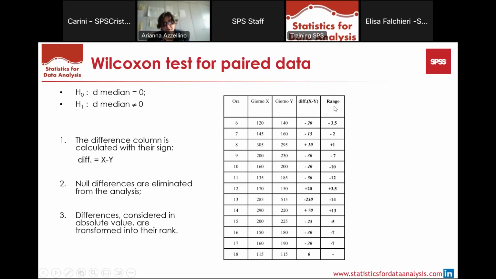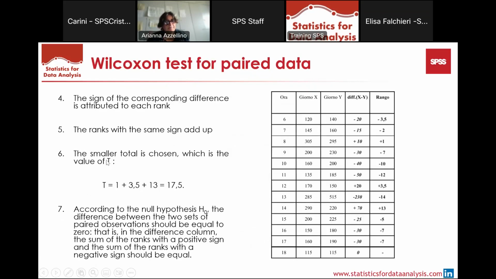And at this point, we have the transformation into rank, but keeping the sign. So the differences are sorted from the minimum to the maximum, and the rank is assigned based on the absolute value of these differences. Finally, the ranks are considered separately, the negative and the positive.